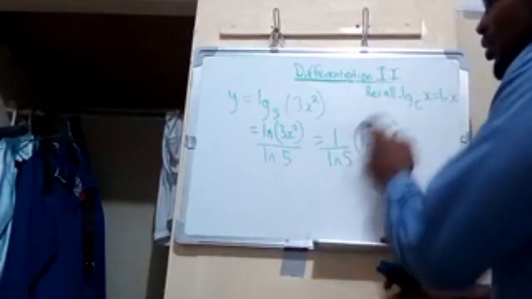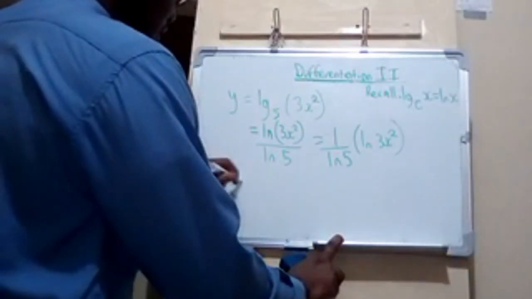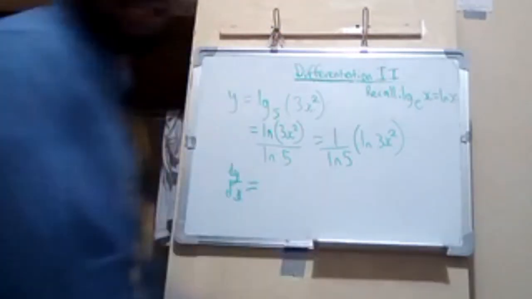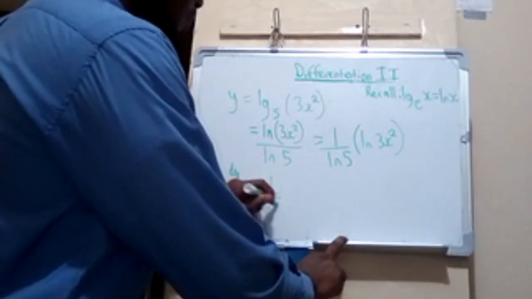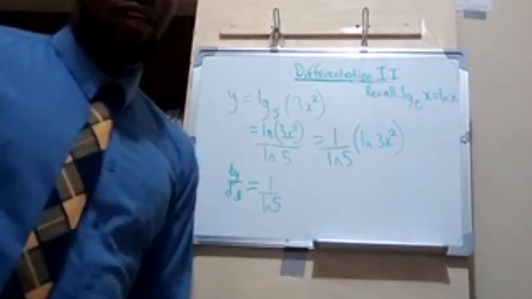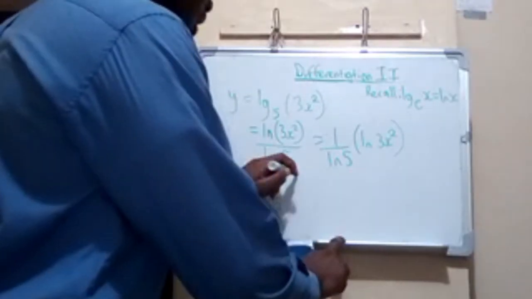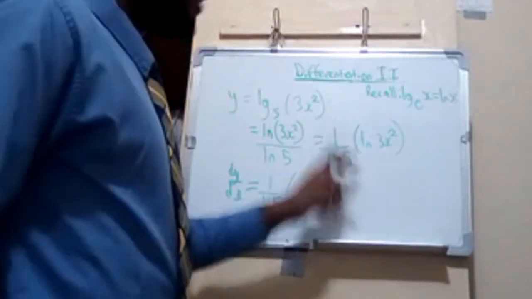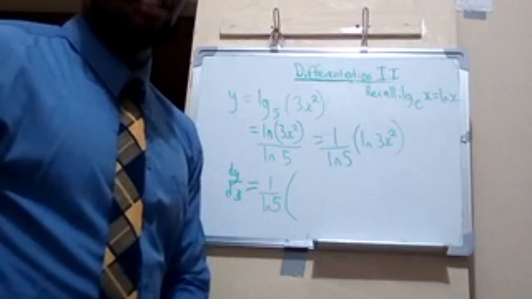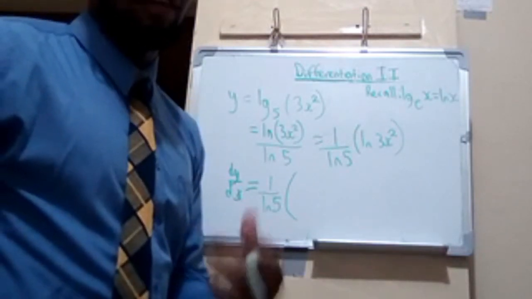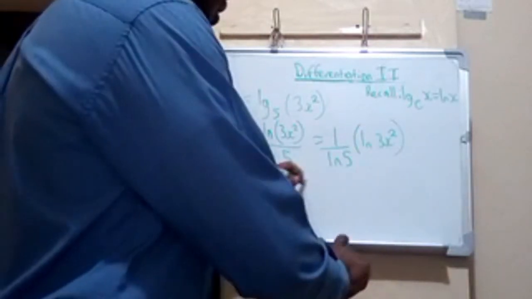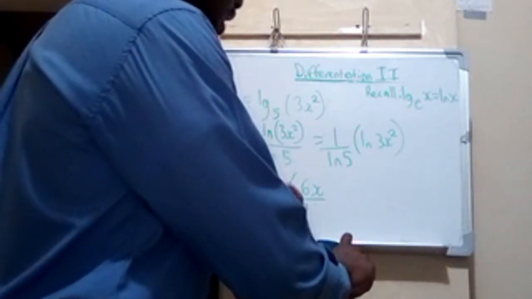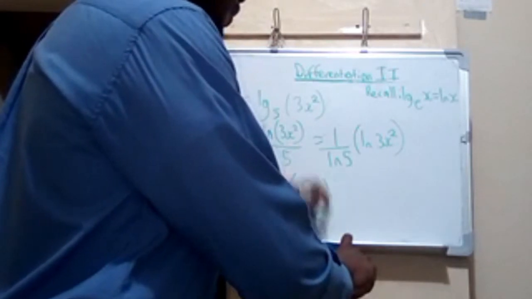Now to differentiate this, dy by dx is equal to 1 over ln 5 times the derivative of ln 3x squared. This is ln f of x, and to differentiate ln f of x, it is f prime of x over f of x. f prime of x is the derivative of 3x squared, which is 6x, divided by 3x squared.